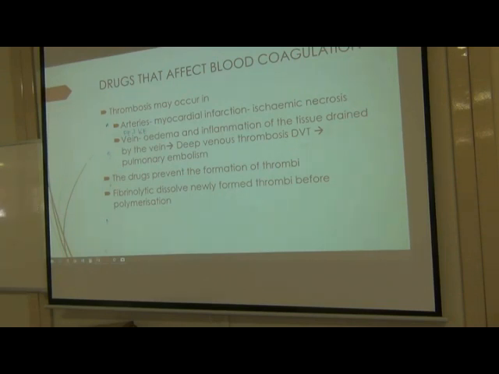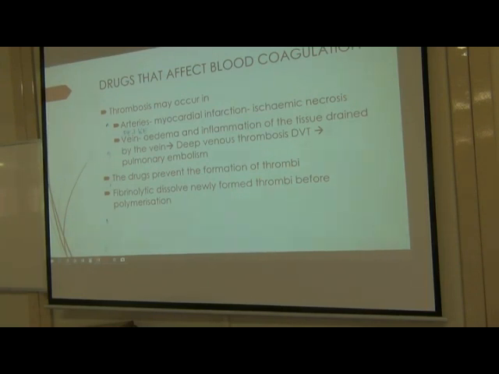So that is where your thromboembolisms come from. Your pulmonary embolism comes as a result of clots that form in the vessel, break off and travel in the blood to other parts of the body. So it becomes an emboli, and with the clot you can have your myocardial infarction because of the inhibition of blood flow.